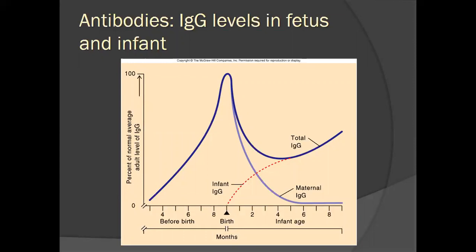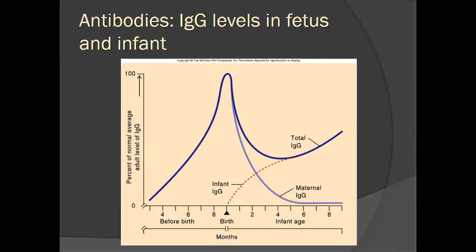If you didn't know that, take A&P2, and we'll talk about that there. But basically what you can see here is that the total IgG in the system continues to rise as the baby approaches his or her grand entry into the world.